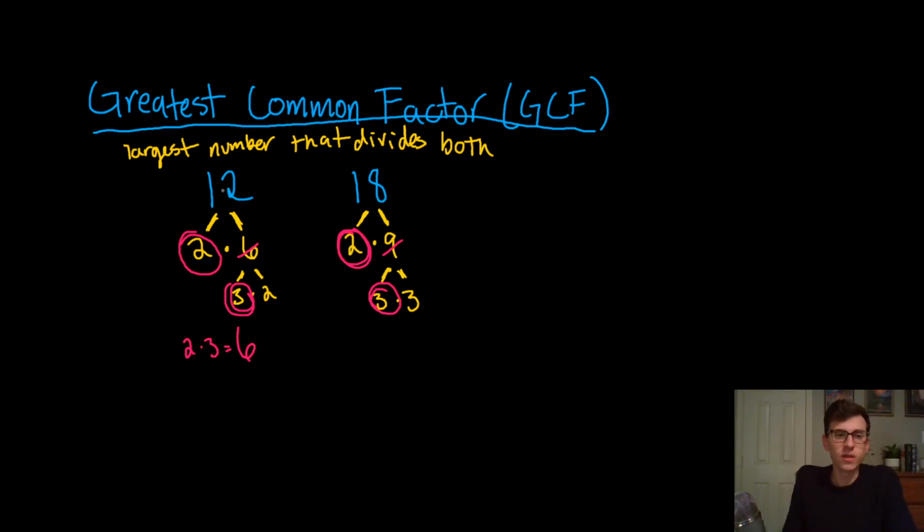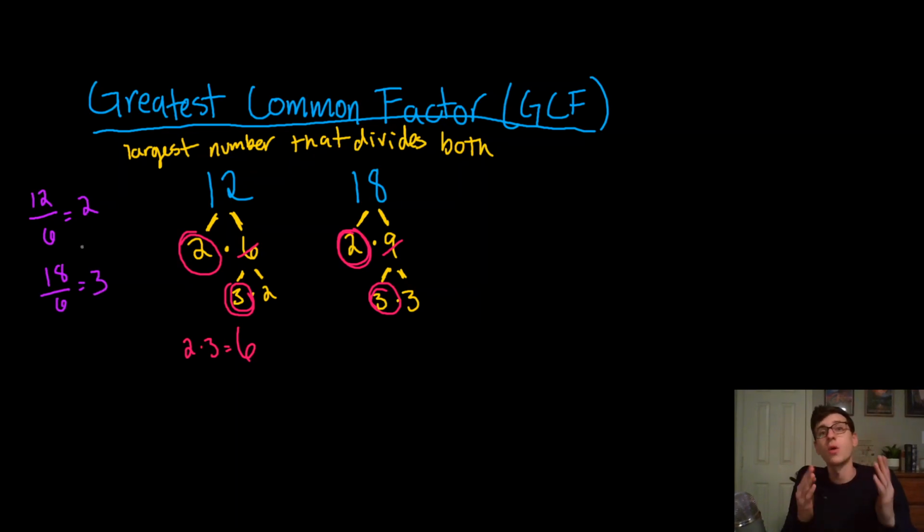How can I check that? Well, let's divide both 12 and 18 by 6. 12 divided by 6 is 2. 18 divided by 6 is 3.